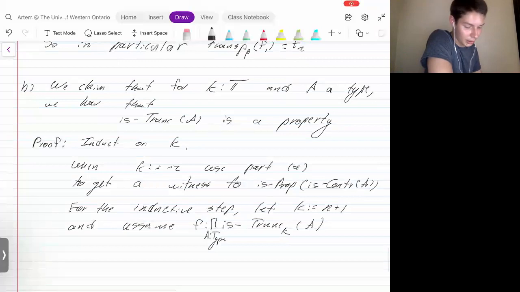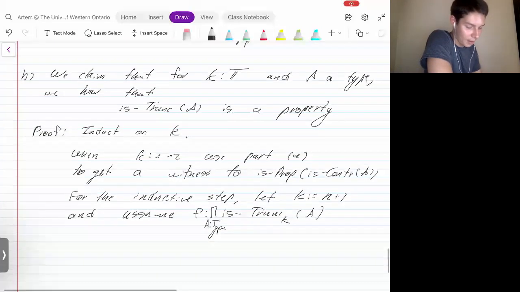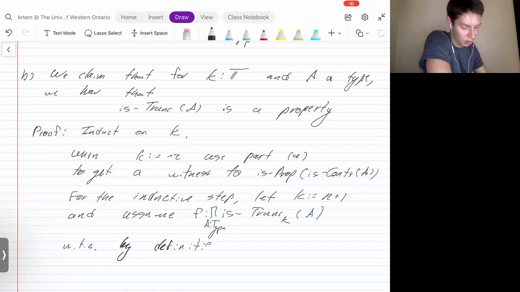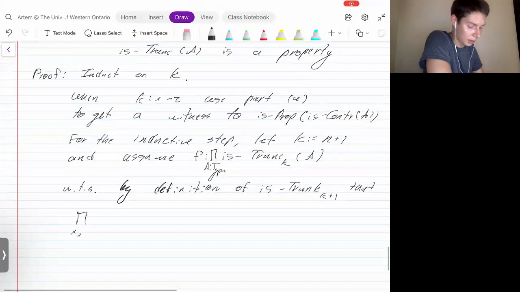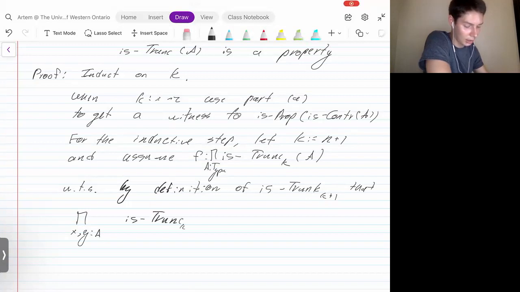Okay. So we want to show, by definition of is truncated K+1, that for all x, y in A we have that the identity type is K truncated.